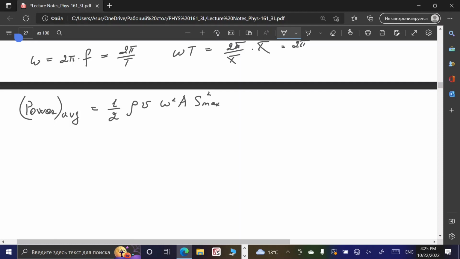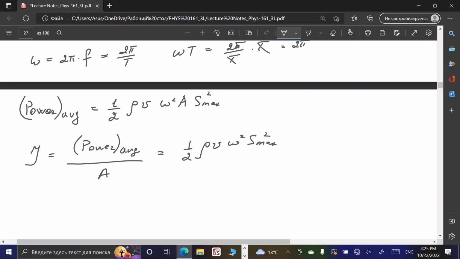Next step, we want to get to intensity. So in this case, we divide this power by area because we need to normalize it per unit area. So intensity will be power average divided by area, and that is 1/2, then still the medium density, speed of sound, omega squared times s maximum squared.